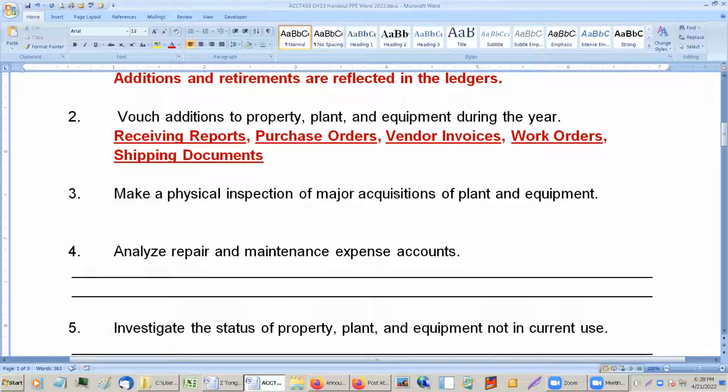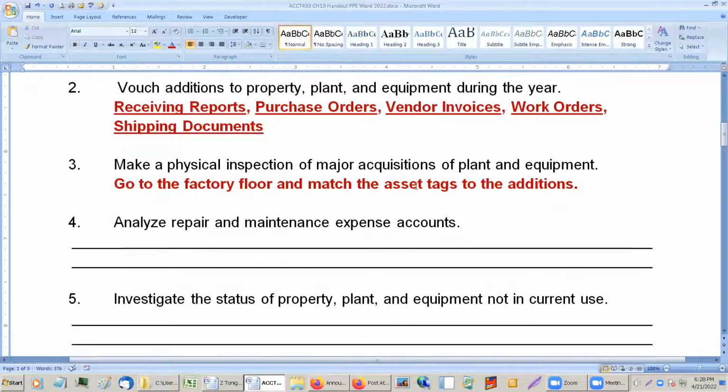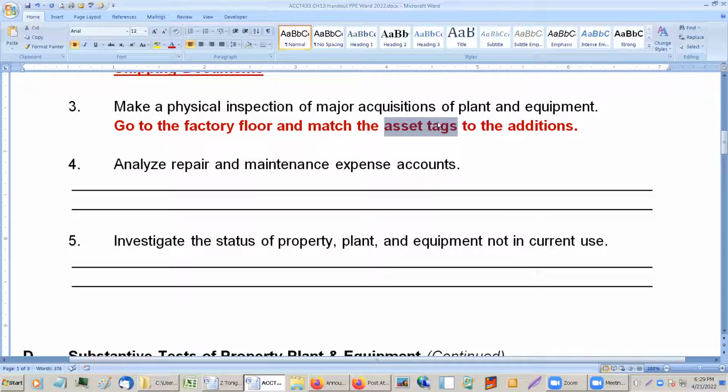And so you will go to the factory floor and you match up the assets, which should usually have asset tags on them.